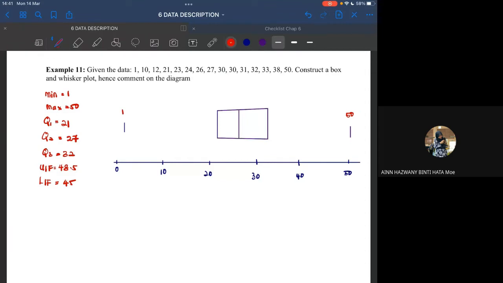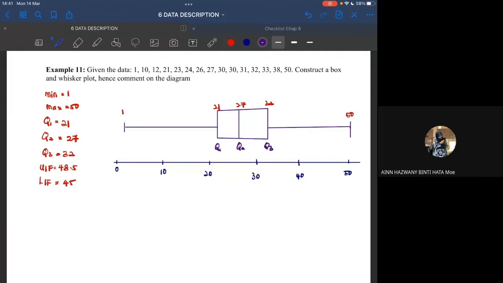Kamu lukis betul-betul lah. 21, 27, 32. Oh, okay. So tak ada masalah dekat sini. Mesti kena plot betul-betul the exact same value dengan kamu punya scale tu.